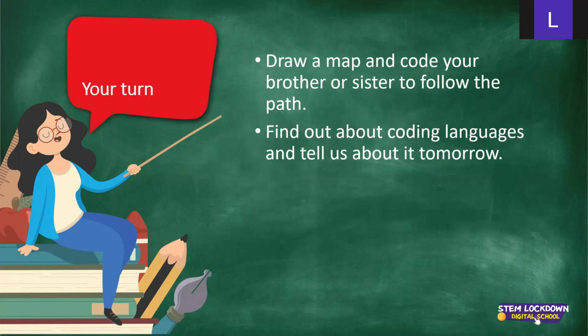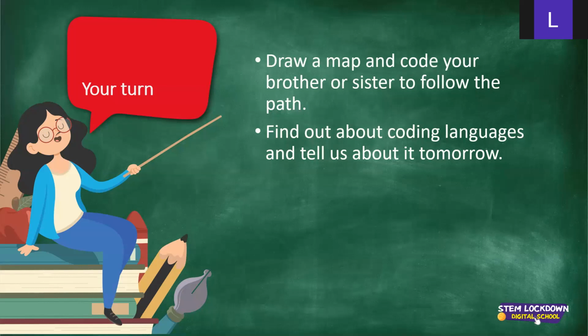Okay, so now your homework for tomorrow. The first thing is you need to draw a map and you need to code your brother or sister to follow the path. For example, just as you drew the map of the route from the chair to the fridge, you are also going to draw a map from your room maybe to somewhere, and then you are going to ask your brother or sister, or do it yourself, to follow the routes.